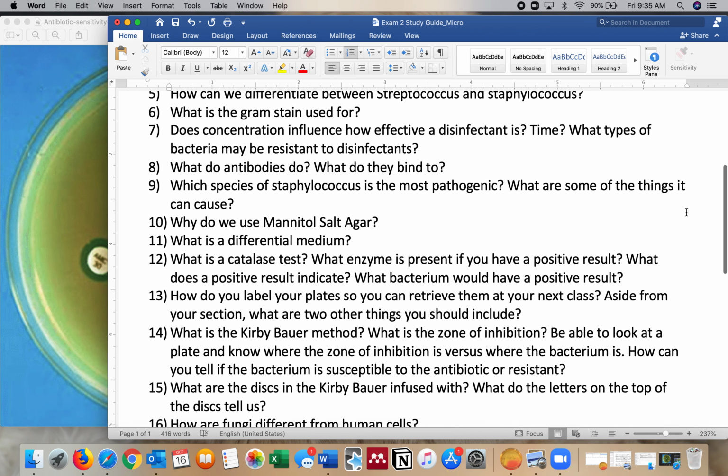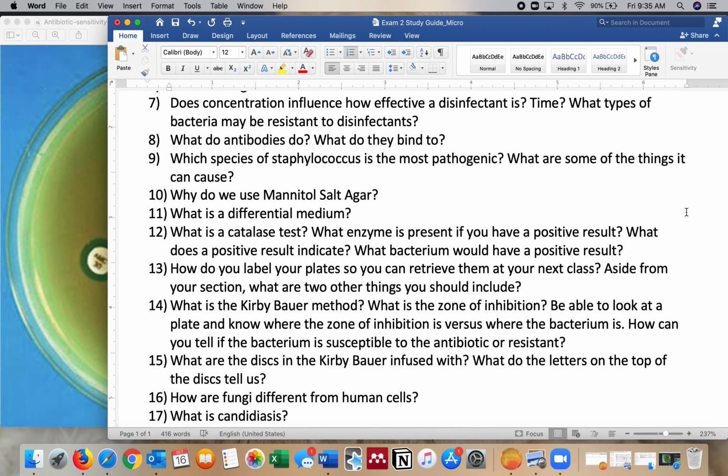7, does concentration influence how effective a disinfectant is? What about time? So remember we did a lab where we were observing petri dishes that were divided into quadrants, and there was 0 minutes, 5 minutes, 10 minutes, 15 minutes. And then on other petri dishes, there were varying concentrations.